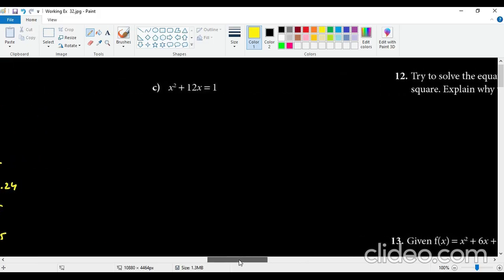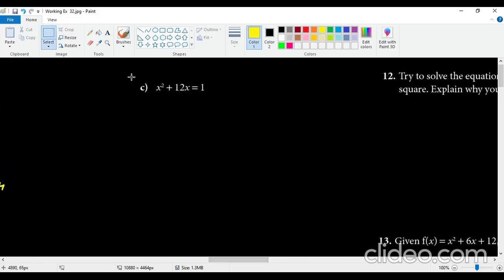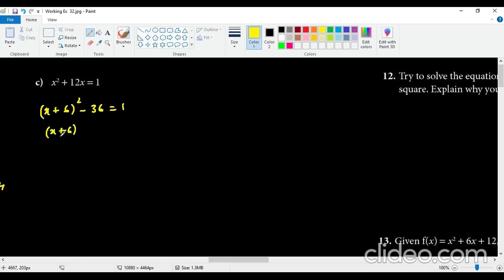Going on to question number C. In here the same pattern is going to be used since 1 is already there. So I will just write x plus 6 whole square and I will add minus 36, which is the square of 6, equals 1. So x plus 6 whole square is equal to 1 plus 36 to make it 37.